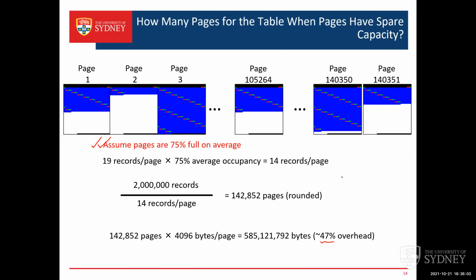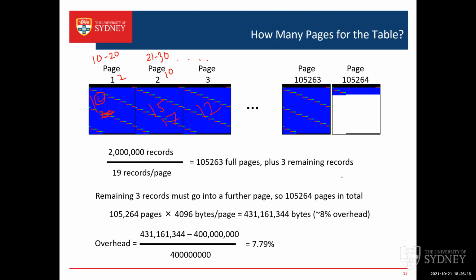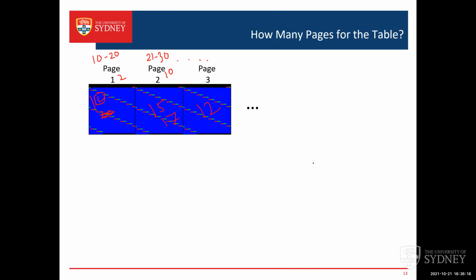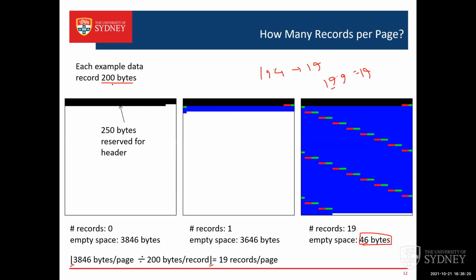Any other question? Someone is saying, if a page is 75% full, then it uses... no, you got it wrong. 200 bytes was the size of one record. So you confused these two. 200 bytes was the size for each record, and now I am saying that each page is 75% full. Those are two different things, right?